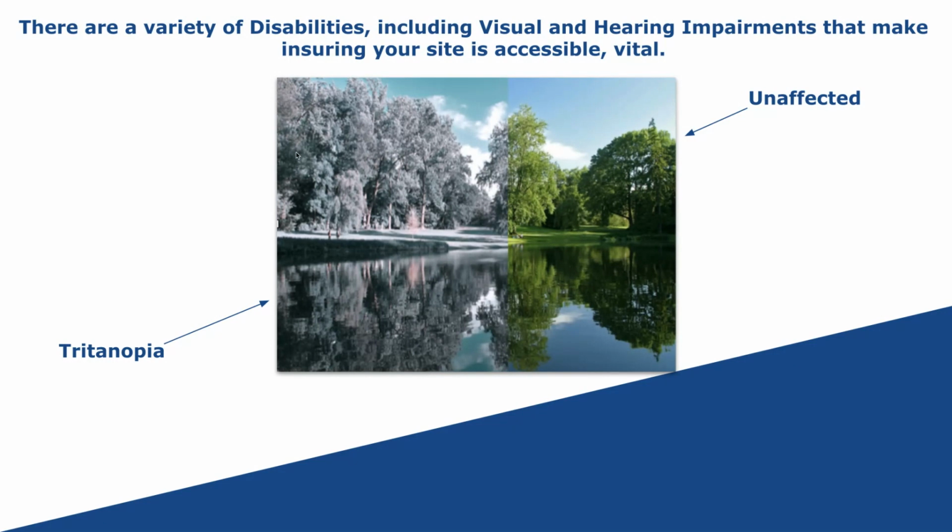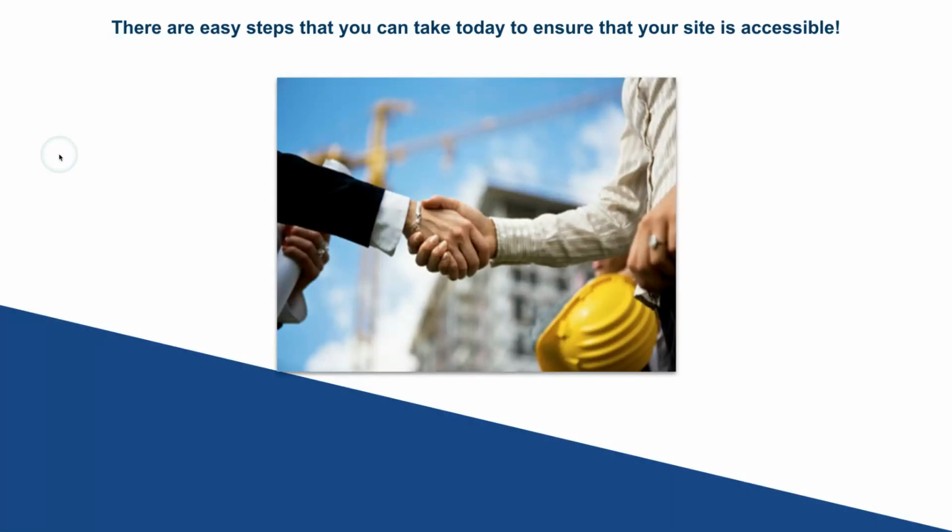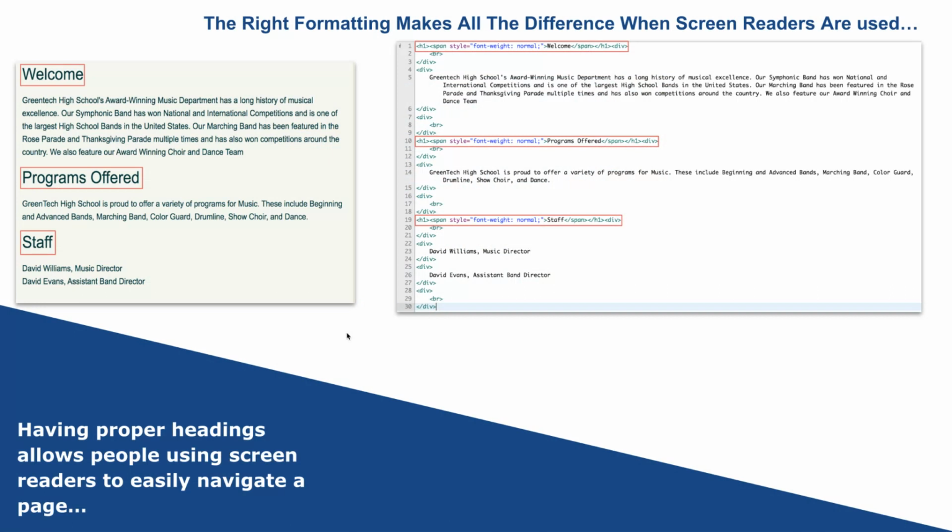That really shows how important it is to ensure that your site, as well as the documents and other content you add to it, are accessible. And it's important to remember that there are easy steps you can take today to ensure that your website is accessible. And that, my friends, is exactly what we are going to take a look at today.